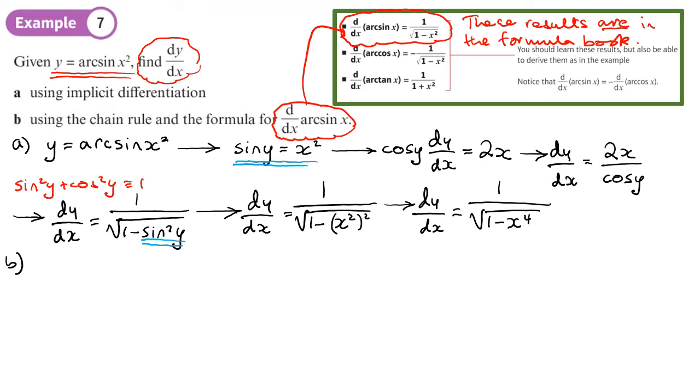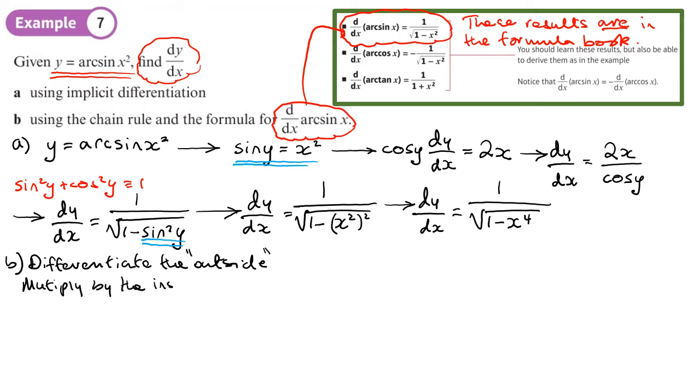So remember, if we're going to use the chain rule, there's 2 steps. You differentiate the outside, and then multiply by the inside differentiated.